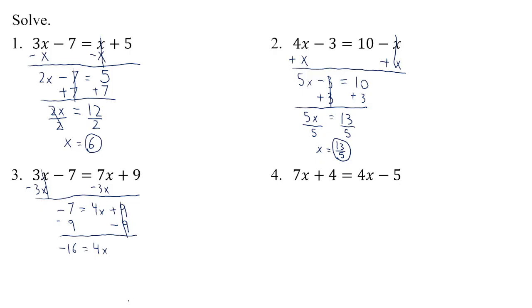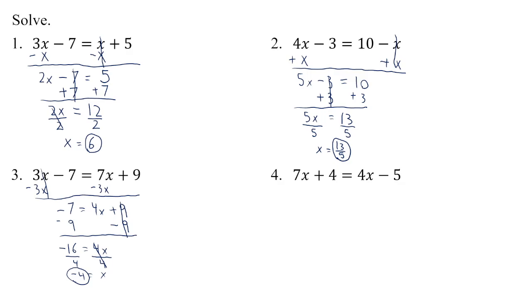Now we see multiplication, and the opposite of multiplication is division. Therefore, we divide this side by 4 and this side by 4. And negative 16 divided by 4 is negative 4. Therefore, your solution is negative 4.